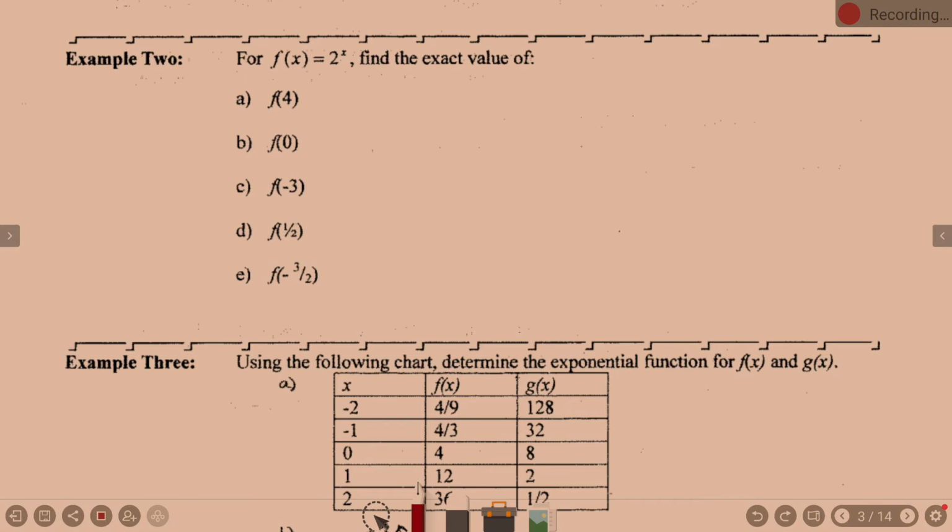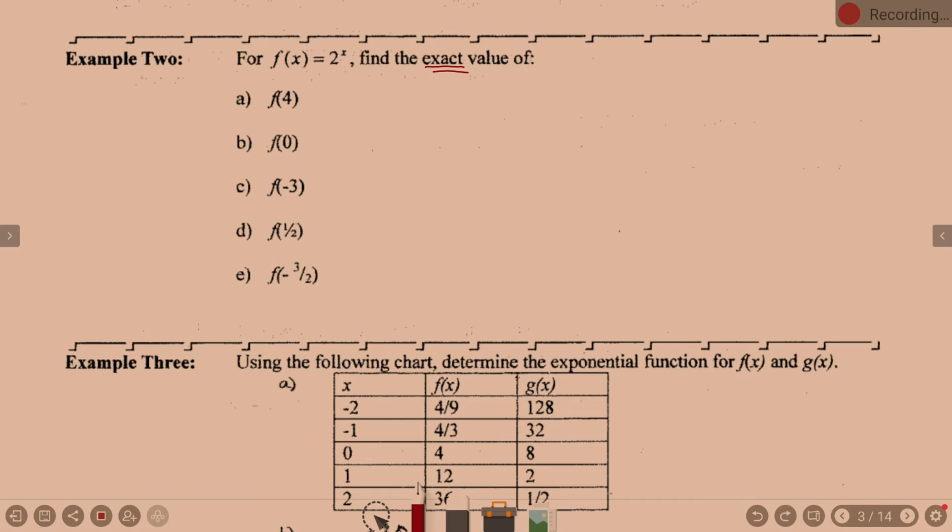So for f of x equals 2 to the x, find the exact value, which also means if you use your calculator and get a big long decimal answer, that's not what I want, because that's not an exact value. If you have to take a decimal from your calculator and round it, you're giving me an approximate value, and I want an exact value.